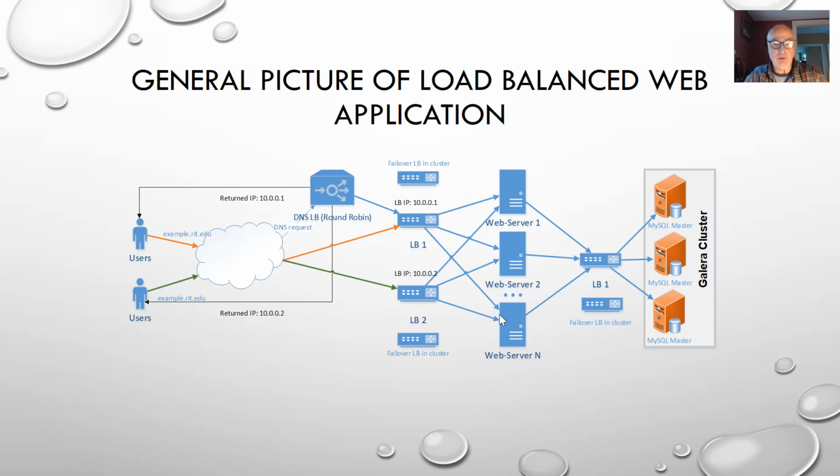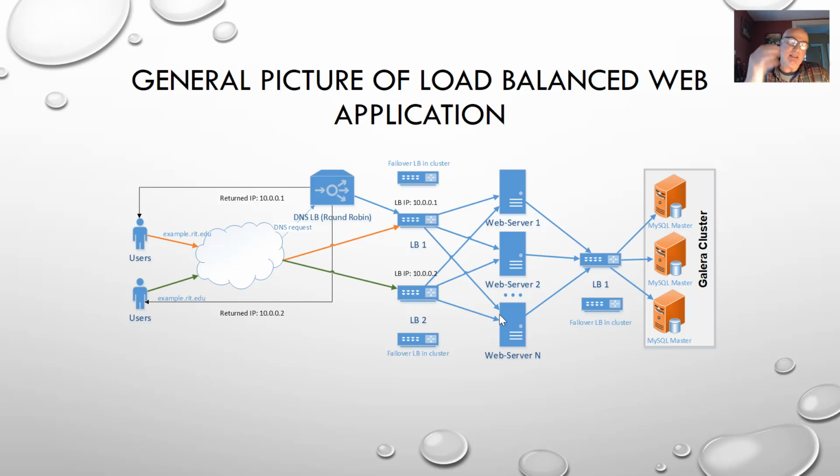So we're probably going to have multiple load balancers in there, and each one of those load balancers may have a failover load balancer waiting in the wings to take over if it needs to. Now if we've got our Galera cluster again, where we've got our multi-master database, here we've got our load balancer again, but we've got a failover load balancer waiting again.